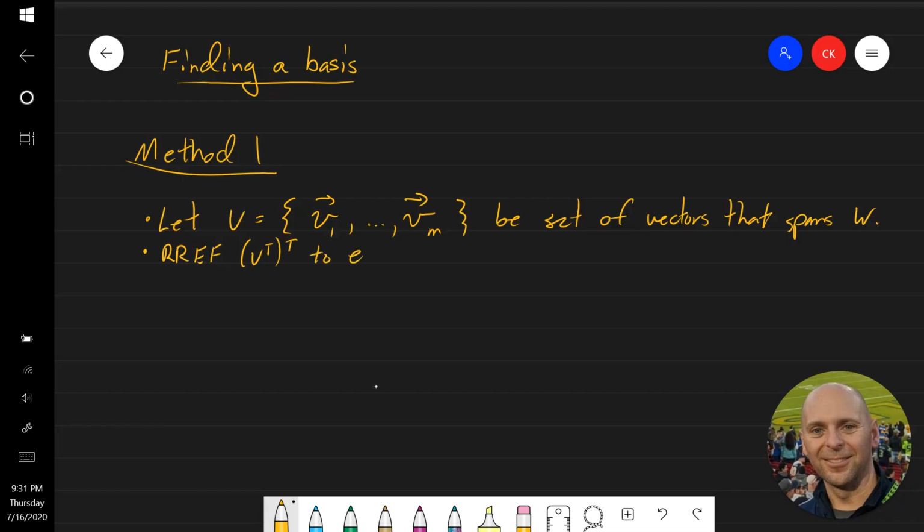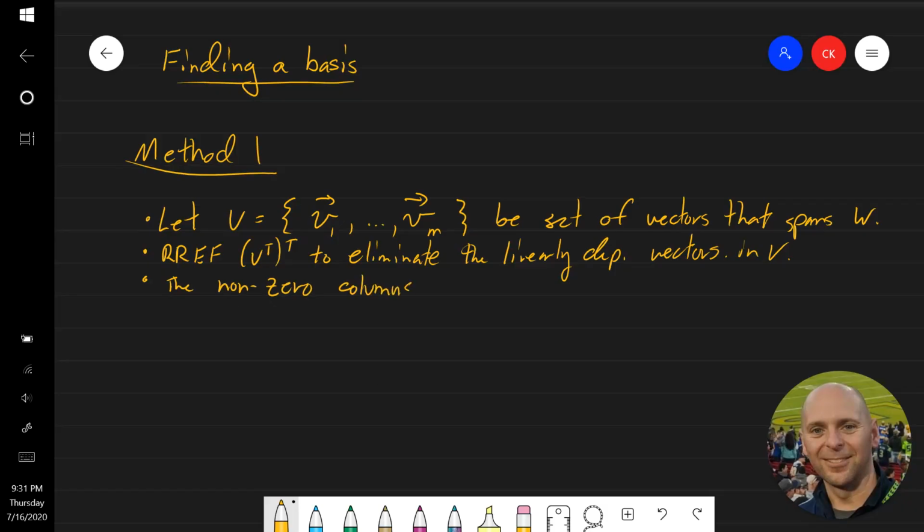And that allowed us to eliminate the linearly dependent vectors in V. There, we could use the non-zero columns to form a basis for W. And that was essentially what we did in previous lessons.